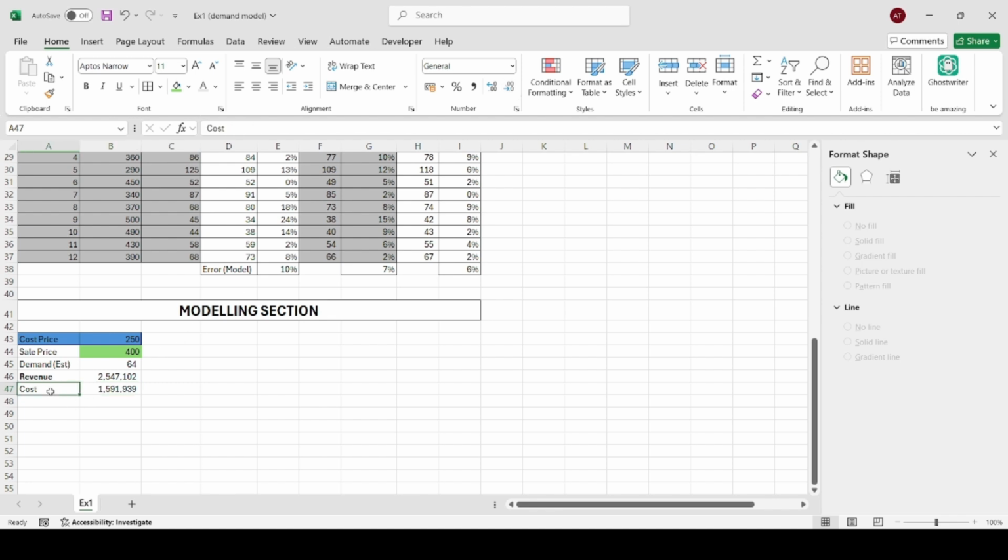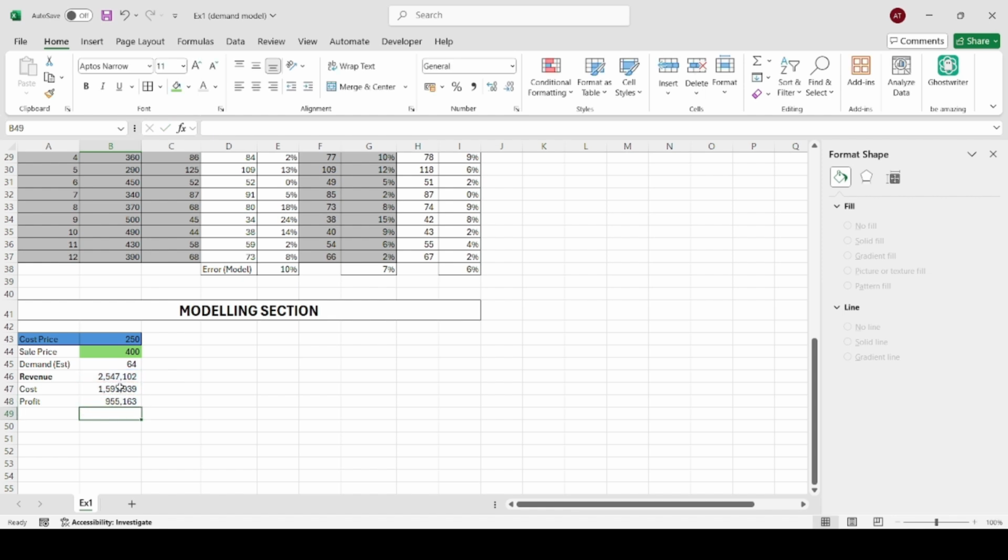So basically it costs me this much to make or purchase these units, and I'm going to sell them at this price, and that's going to give me this revenue. So the profit is the difference between the revenue and the cost.